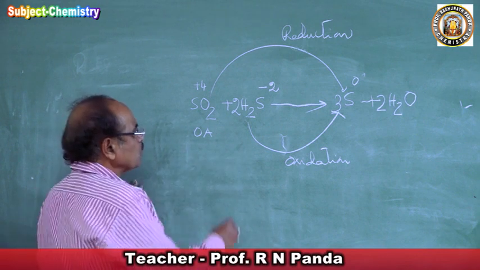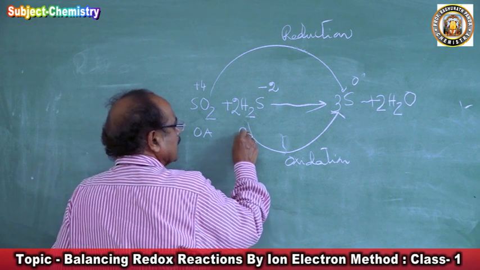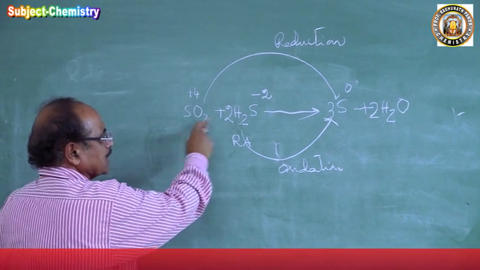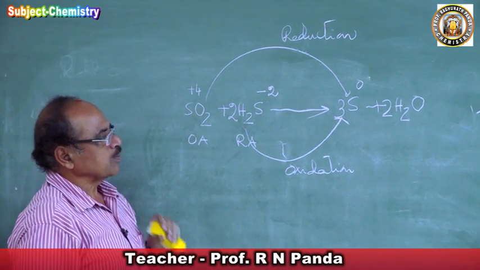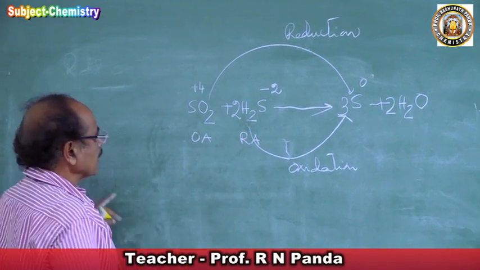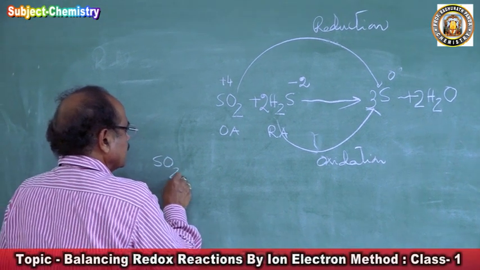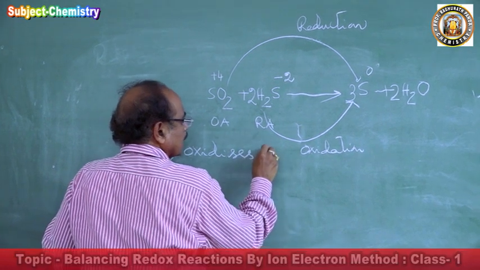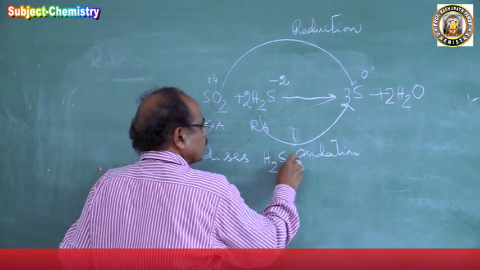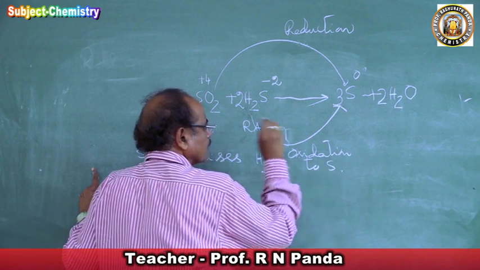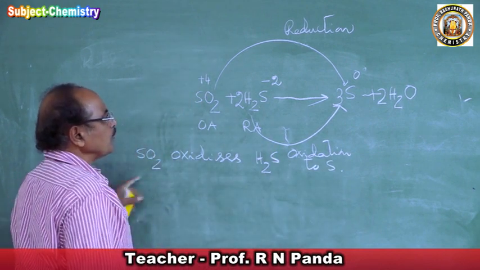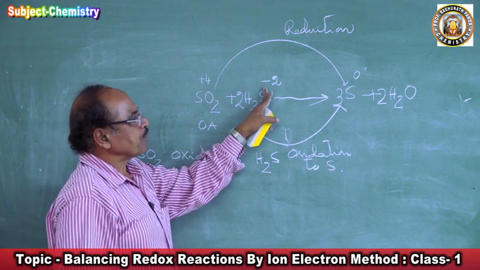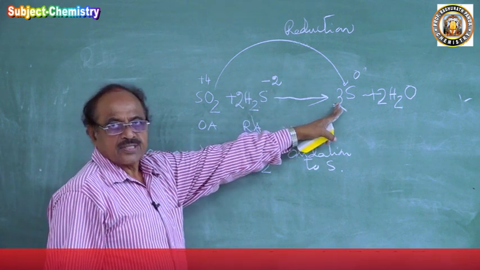So what is H2S? Here H2S is the reducing agent. H2S reduces sulfur dioxide to sulfur and gets oxidized to sulfur. So we can say here sulfur dioxide oxidizes H2S to sulfur. How do we know? The oxidation number of sulfur in H2S is -2 and it is becoming 0.